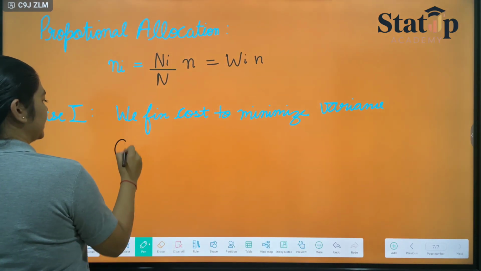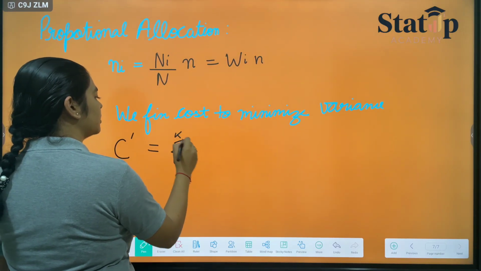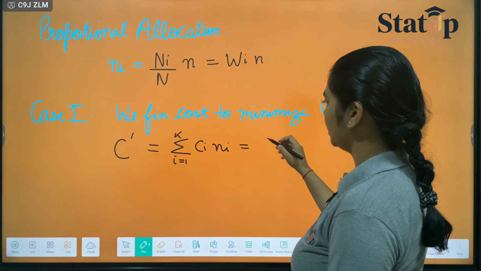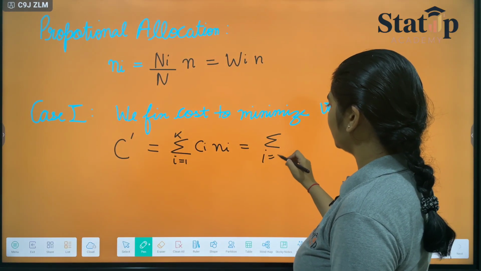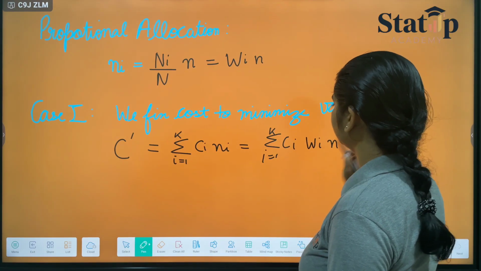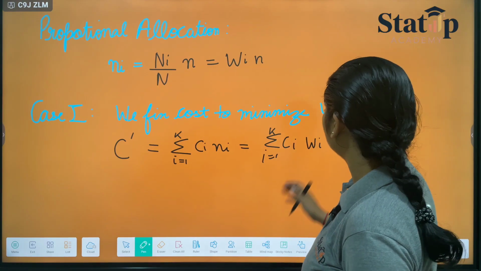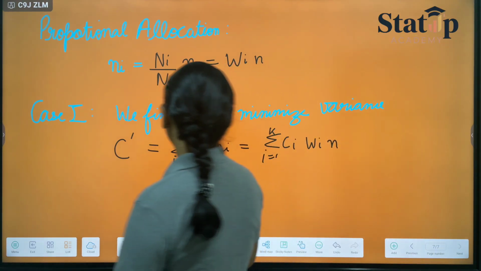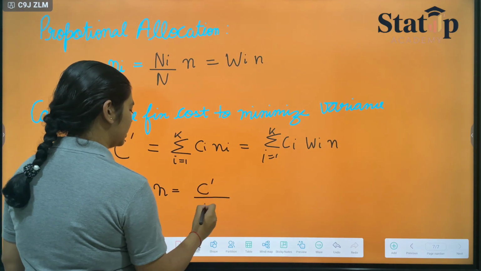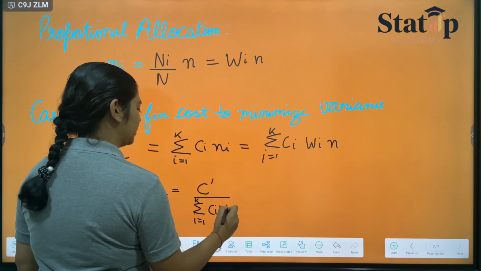So let the cost be C dash. C dash is nothing but summation i goes from 1 to k Ci ni. Now substituting ni from above in here, summation i goes from 1 to k Ci and ni is Wi n. Now calculating the value of n from here, we will get n is equal to C dash upon summation i goes from 1 to k Ci Wi.